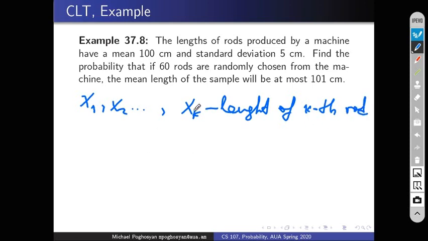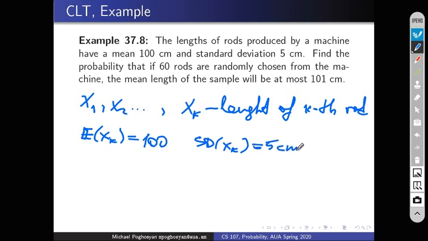What we know about xk, I do not know the distribution, but I know that the expected value of xk is 100. Expected length is 100 centimeters, and the standard deviation of xk is 5 centimeters. So the variance of xk is 25 centimeters squared.